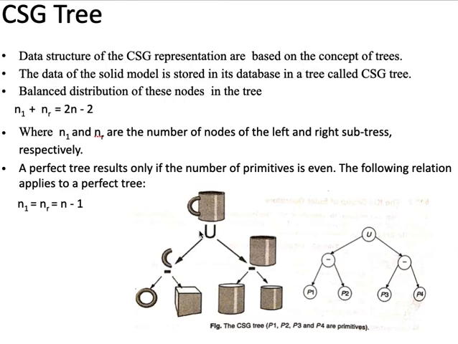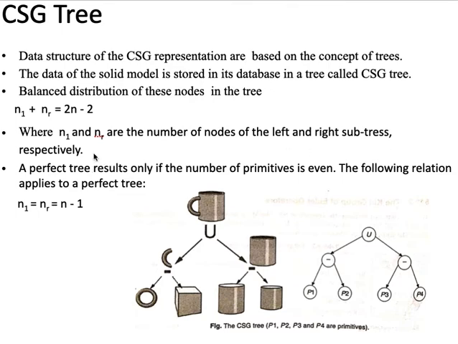nodes in the CSG tree. For a balanced distribution of these nodes in the tree, nl plus nr is equal to n minus 2, where nl and nr are the number of nodes of the left and right subtrees respectively.